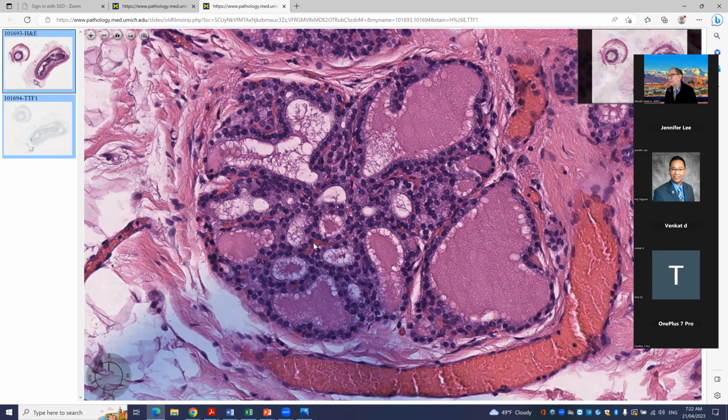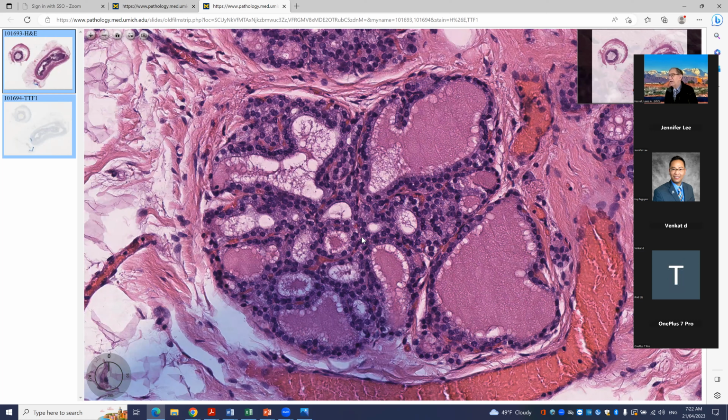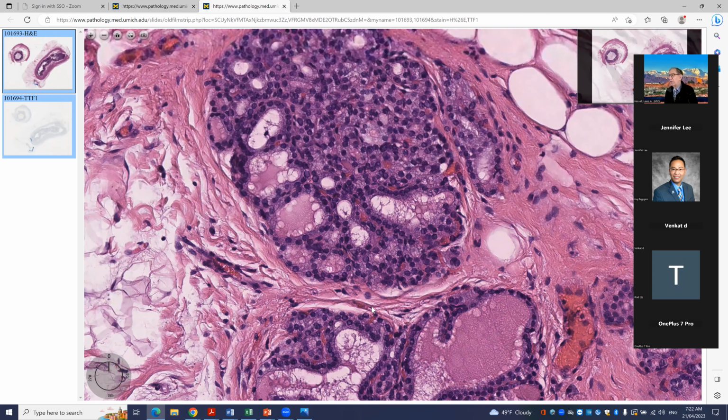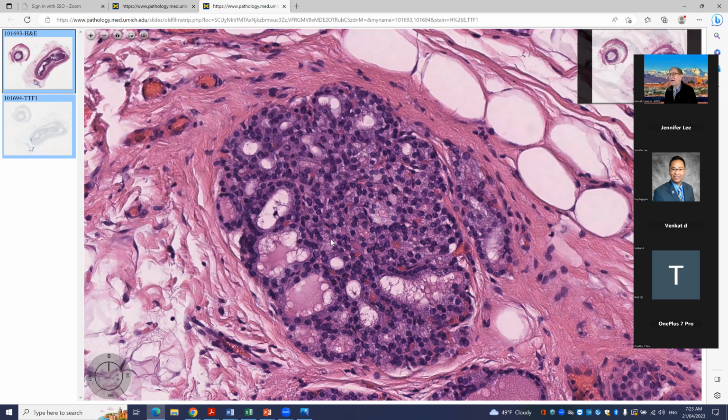You've got the rounded, variable-sized follicles and very uniform nuclei. So I think that, in fact, was the diagnosis, that this is thyroid follicular parenchyma. And then the question becomes, how in the world did we get thyroid parenchyma here at the distal tip of the appendix?